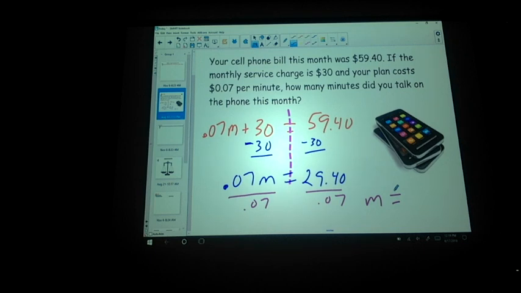Does anybody have a calculator? I see one. Go on, grab one.